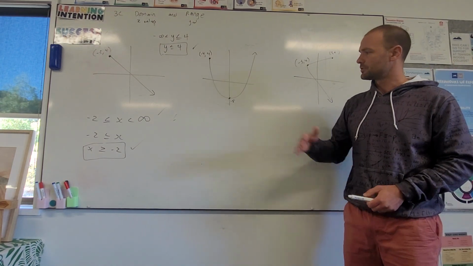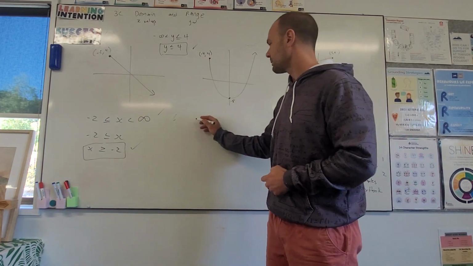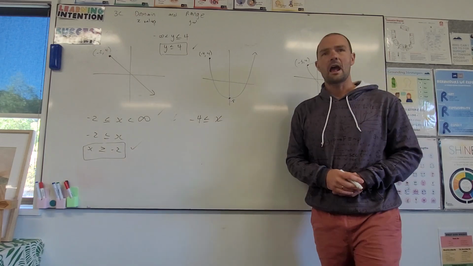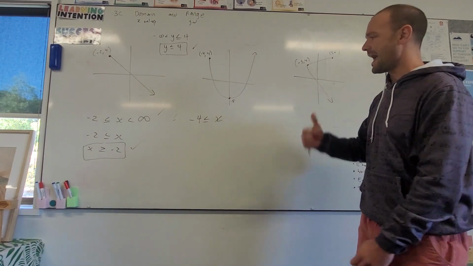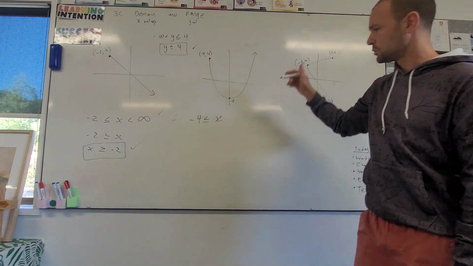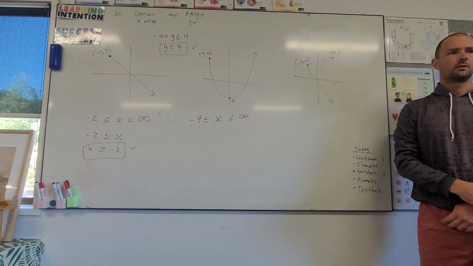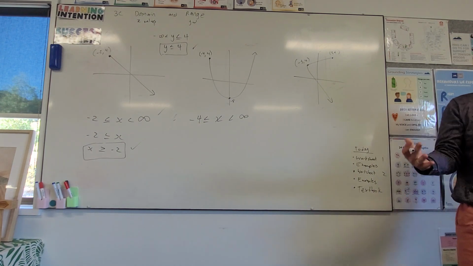So let's do it for our next one here. We'll do the domain, the point furthest to the left, we have x is -4. We're including it. And the point furthest to the right, it keeps going to the right and up to infinity. Step 2 is going to be drop the infinity.